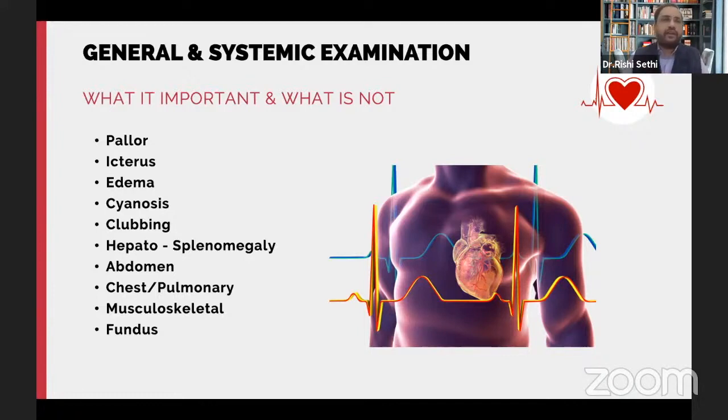I can get away with the entire general examination and all the other systemic examination in one line. Suppose there is a rheumatic heart disease where the findings are limited only to precordium and probably to pulse and JVP.